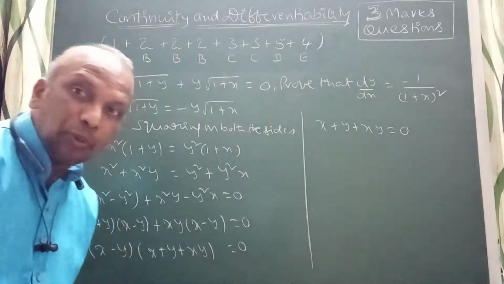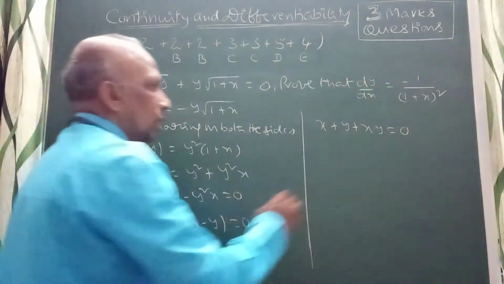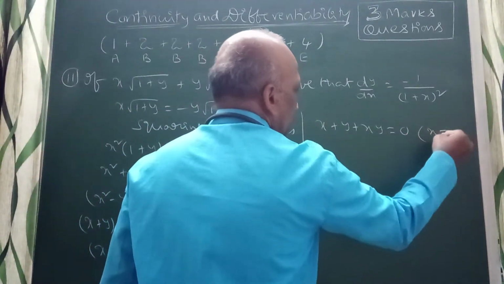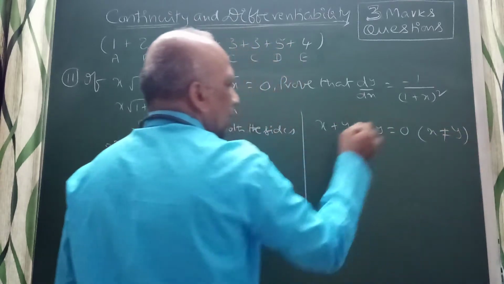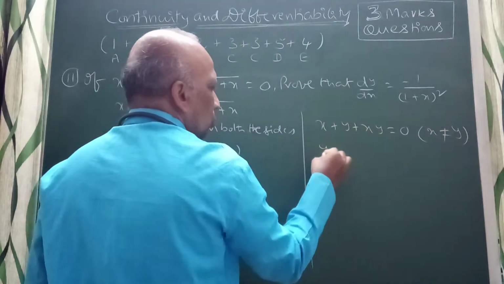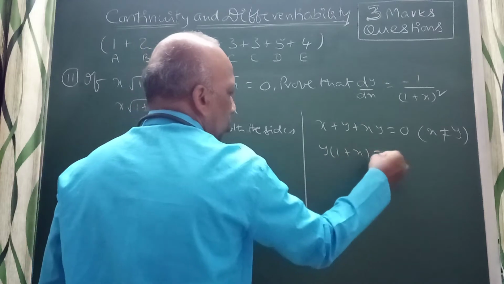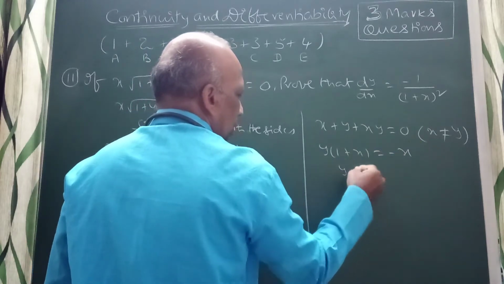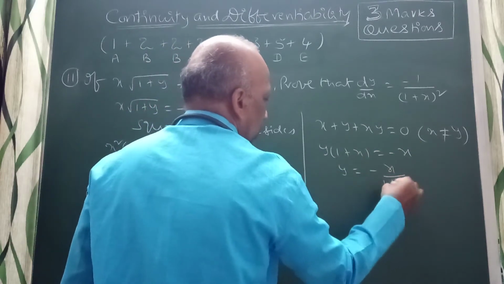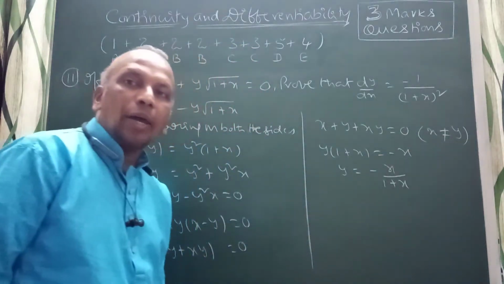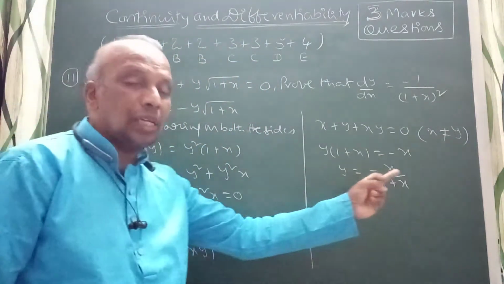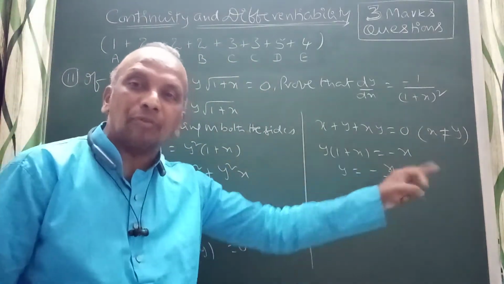Since x not equal to y. Now you can write like this. From this, y into (1 plus x) is equal to minus x. y is equal to minus x by (1 plus x). I got y explicitly in terms of x.